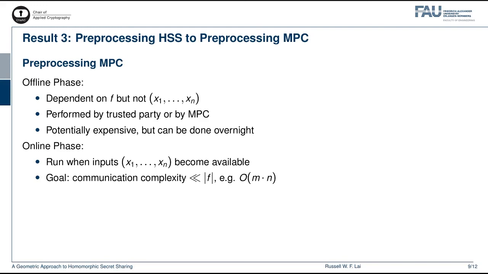Although this phase is potentially expensive, it can be done overnight since it is not dependent on the inputs. The online phase is run when the inputs x1 to xn become available. The goal of a preprocessing MPC protocol is to minimize the communication complexity of the online phase, such that it is much smaller than the description size of f.